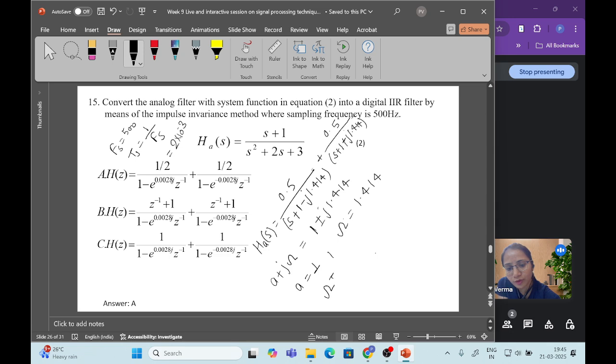And also we know that we need omega T, so 1.414 into 2 into 10 to the power minus 3, which gives 0.00282. Why? Because we are converting this into the z domain, so we need all those things.